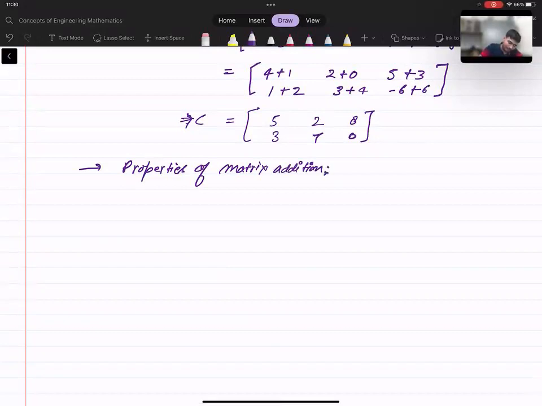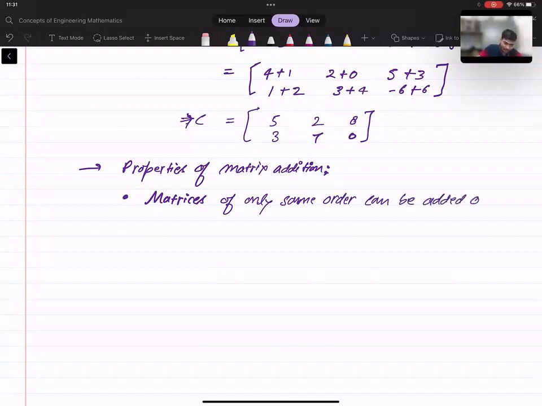So firstly, matrices of the same order only can be added or subtracted. Okay.